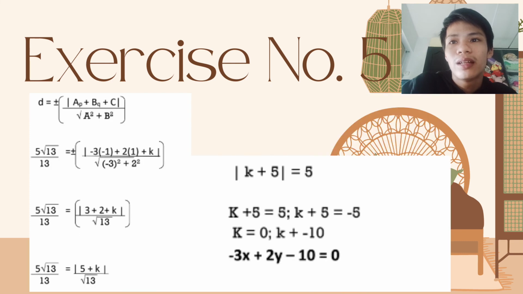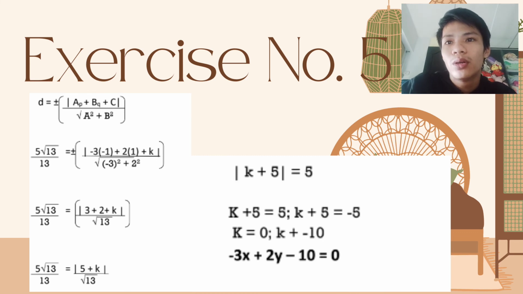And then d is equal to positive, negative, absolute value of AP plus BQ plus C, gaya lang yung kanina, over square root of A squared plus B squared. So 5 square root of 13 over 13 is equal to positive, negative, absolute value of negative 3 times negative 1 plus 2 times 1 plus K over square root of negative 3 squared plus 2 squared.